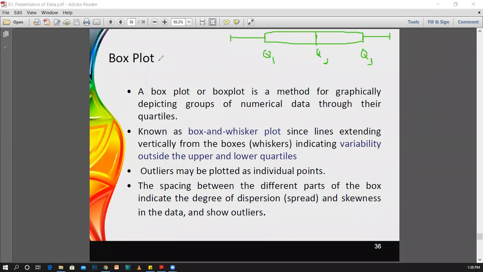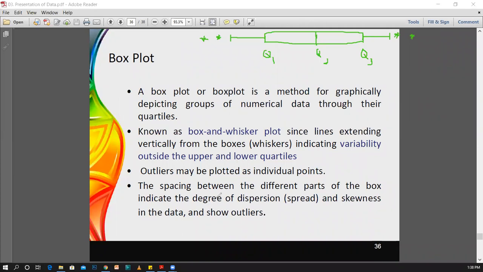And in the box plot, you can show the outliers. If there is any point beyond these two limits, then we can show them as outliers. Normally, we use the asterisk notation to show the outliers.